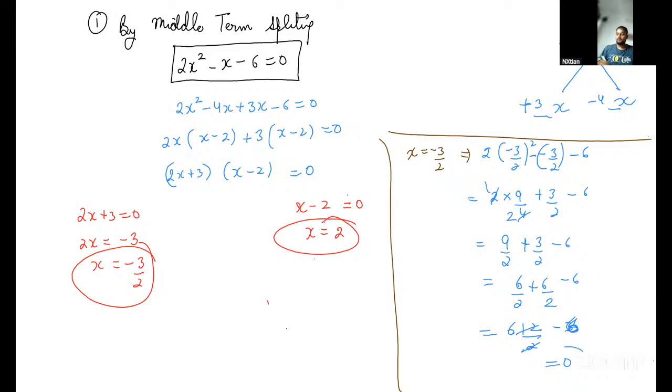Then we got the answer as 0. So this is called the verification process, in which I put the value x as minus 3 by 2. Wherever the x is written, I put the value of x as minus 3 by 2. Do you understand? Yes or no?